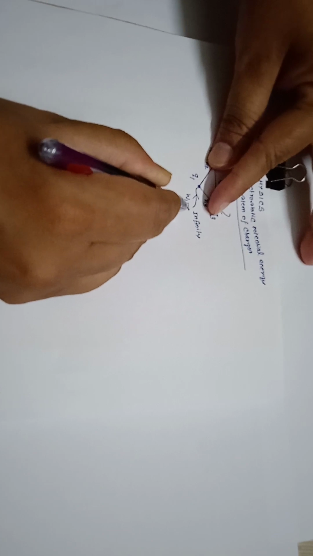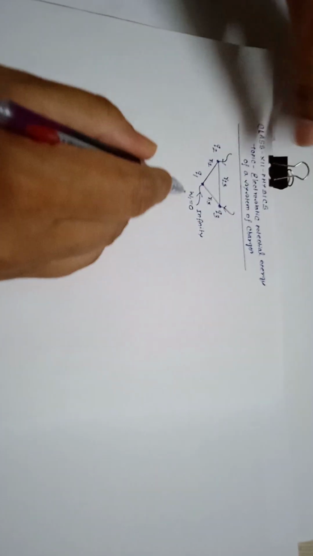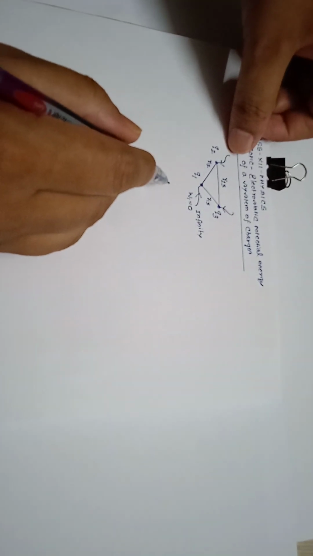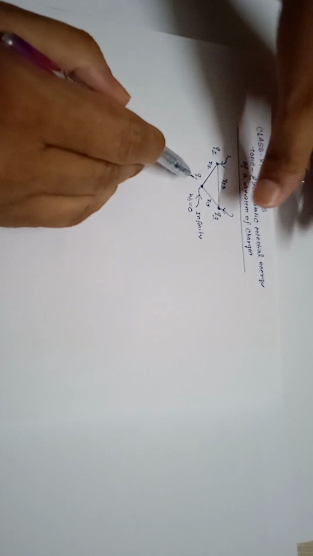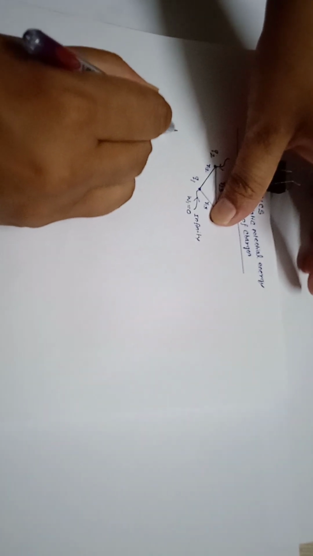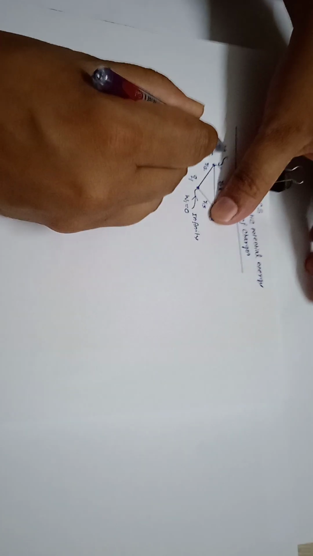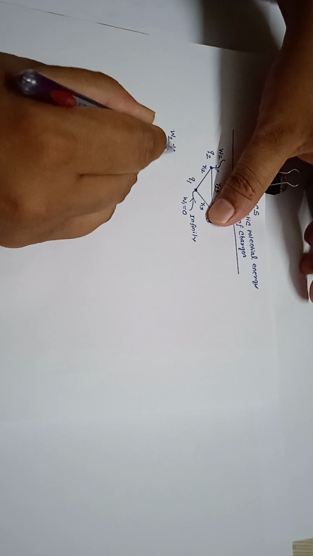So in order to bring this charge q1 from infinity, the total work done w1 will be 0. But in the same way, when we are bringing the charge q2, then q1 is present but q3 is not. If we assume that the work done for bringing the charge q2 is w2, then w2 will not be 0.